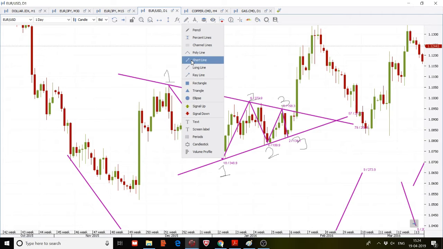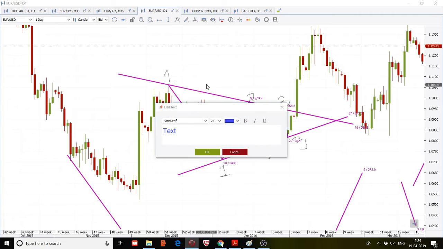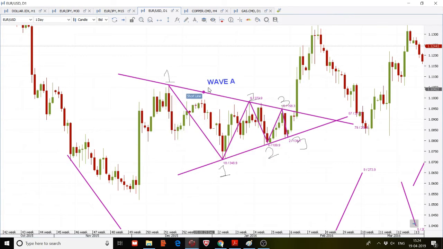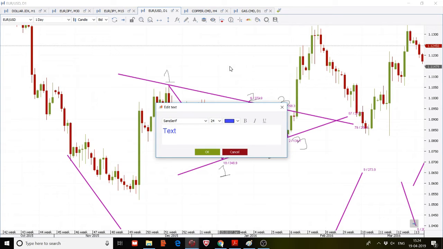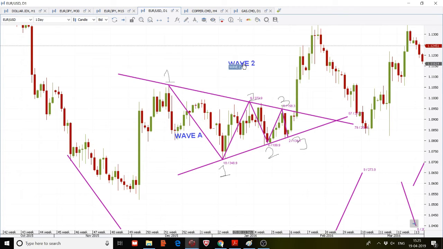I will name it. This is the wave A, longest in the series. Wave 2, shorter than the first.